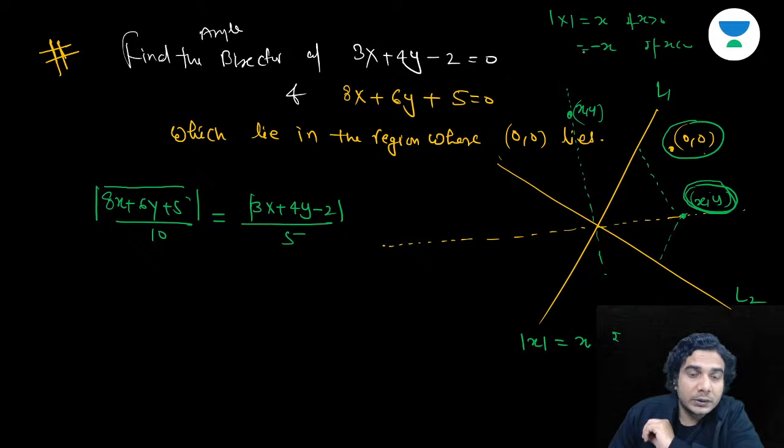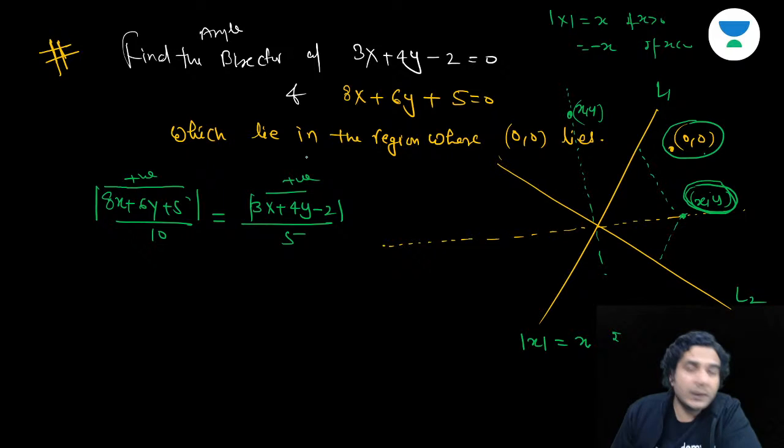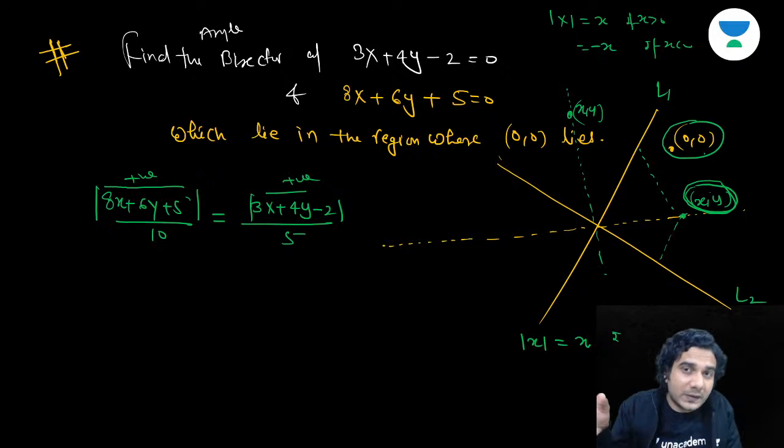So if we know that this quantity is positive and similarly this quantity is positive, then we can remove mod. We are putting mod because we are not sure about the sign of these expressions. But if we know that one expression is positive and the other is negative, then we'll put a negative sign on the expression which is negative, so that negative will make it positive.